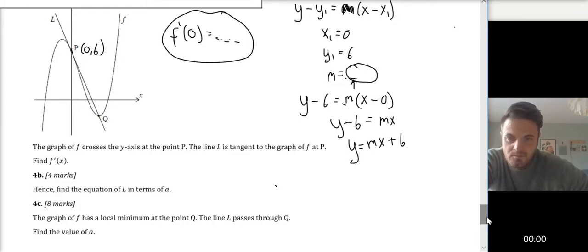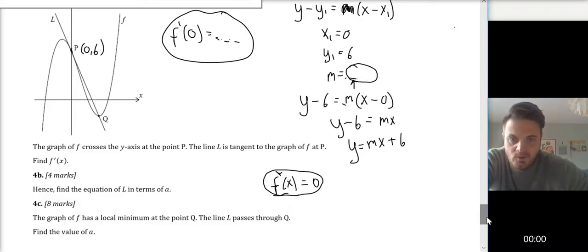There are two things here that you know. This is a minimum point, which means that you know that the derivative is equal to 0. And so you have to solve this equation in some way.